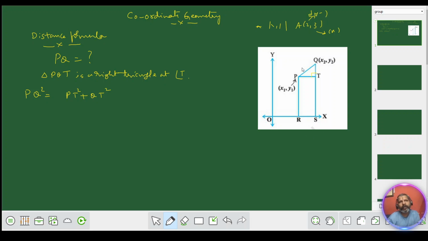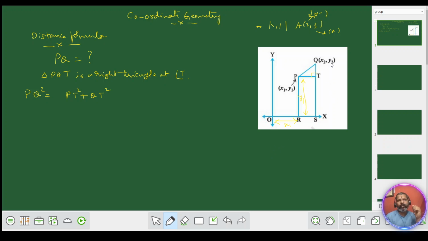So when we say P of x1, y1 here, what is OR? OR is your x1, okay? And what is PR? PR is y1, because P is at a distance of y1 units from the x-axis, that is your y coordinate.